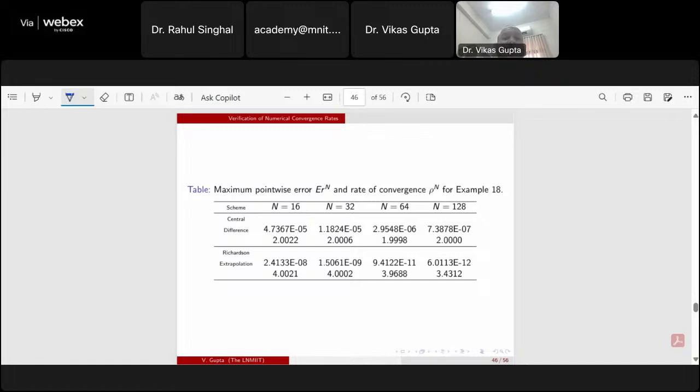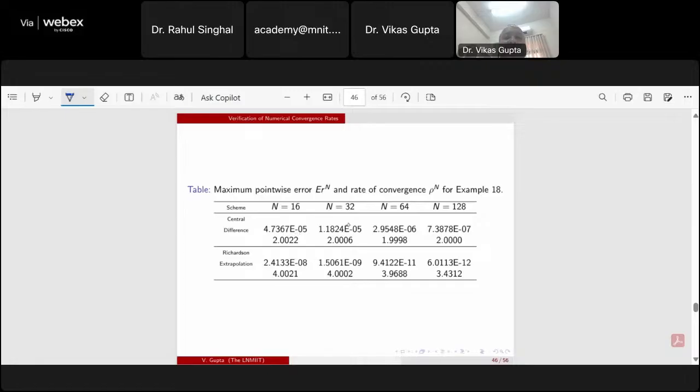So one can notice that with the central difference scheme, if we begin with the mesh points n equal to 16, then n equal to 32, n equal to 64, n equal to 128. The central difference scheme with n equal to 16 gives an error of order 10 to the power minus 5.